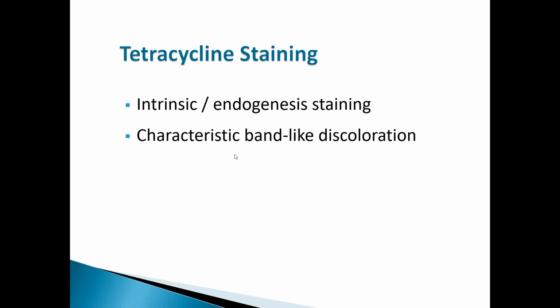So the tetracycline's in the circulation, it is brought to the teeth, it stains the dentin. Why we see it as staining is because enamel is actually translucent, so we can see through it. It also stains bone as well.